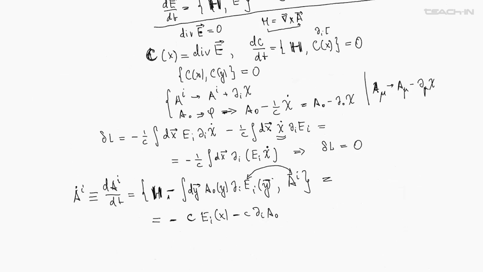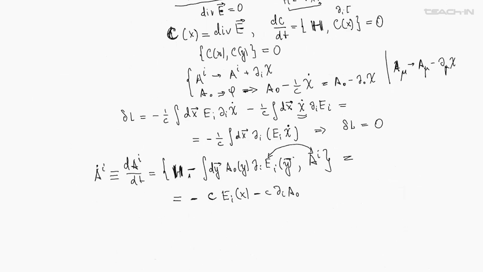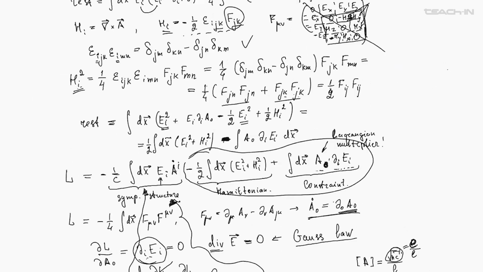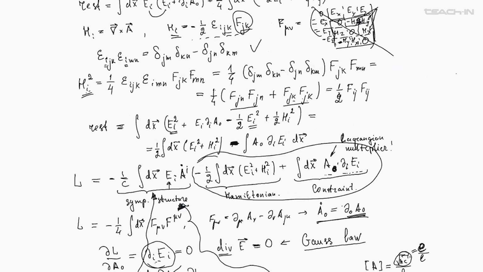Okay? So in a way, this is a part of the gauge fixed Lagrangian. You see, it appears in the rest. It's what we call rest. And we know that there is a symplectic structure. There is what we would like to call the Hamiltonian for electric and magnetic field. But there is also this extra term, which we call constraint.